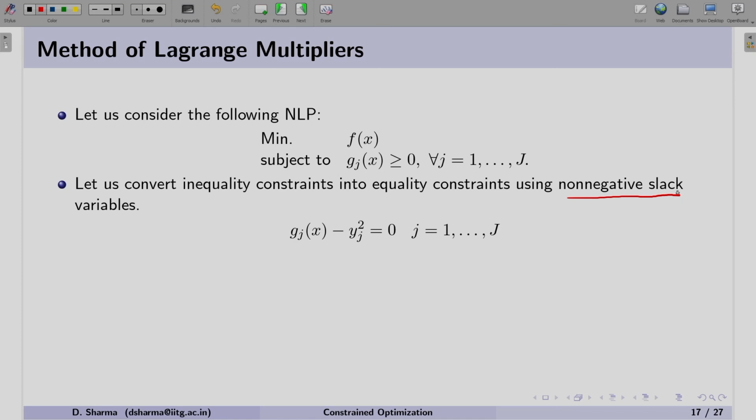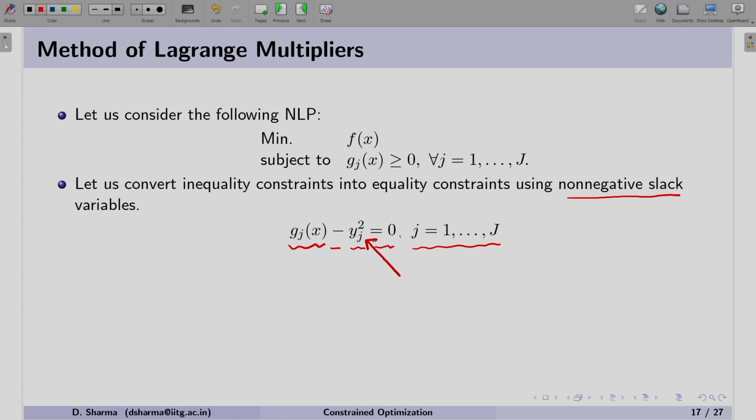Now looking at the equation, gj of x minus yj square greater than or equal to 0 for all j. So, for every constraint we are putting in a slack variable. The important point here is that yj can take any value, positive or negative, but yj square will always take a non-negative value.